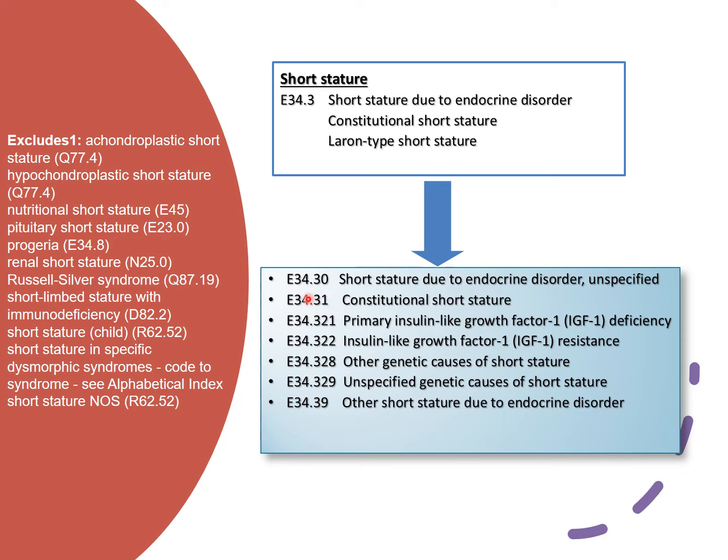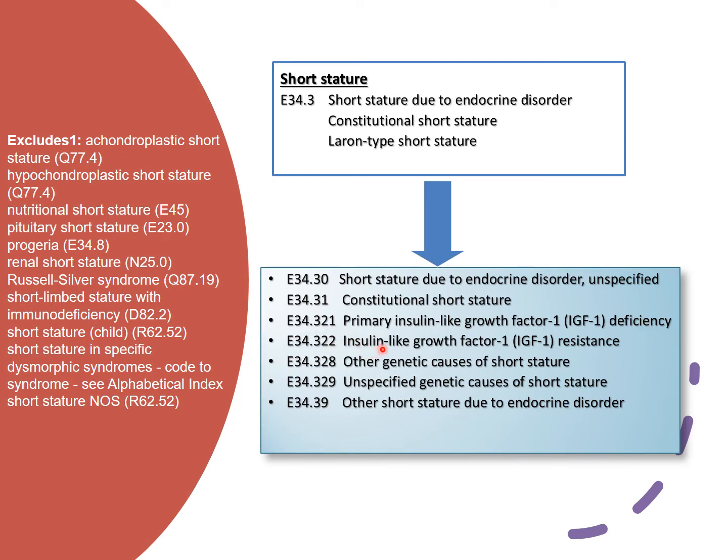That is E34.31. Next one is E34.321, primary insulin-like growth factor 1, that is IGF-1 deficiency. If the patient has IGF-1 deficiency, it leads to low bone density and reduced muscle mass.